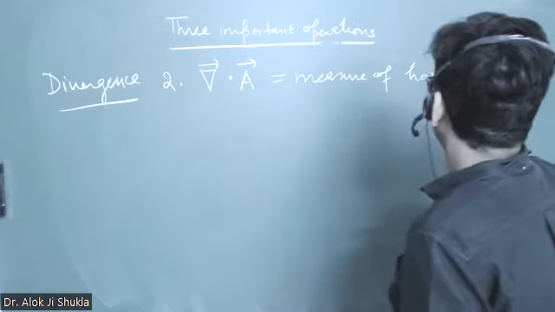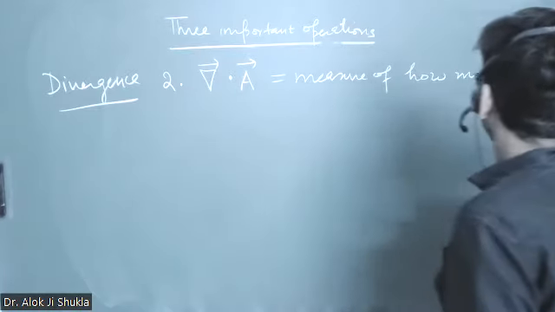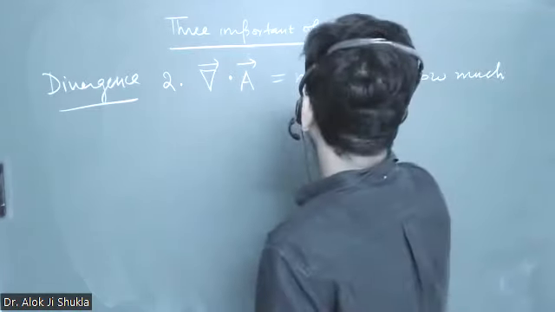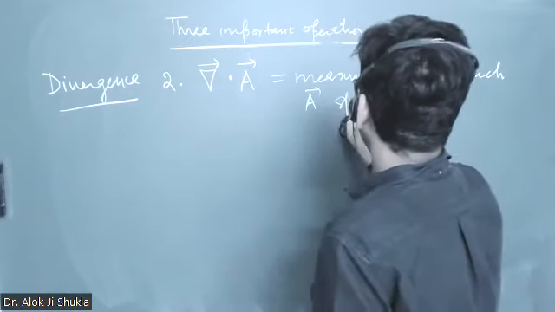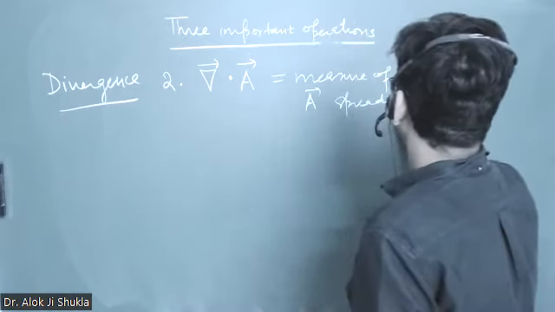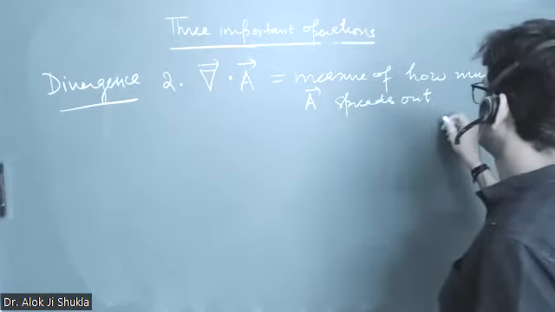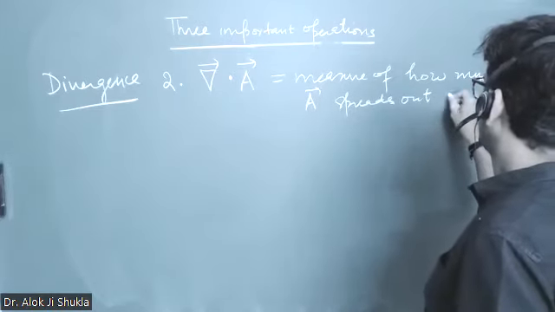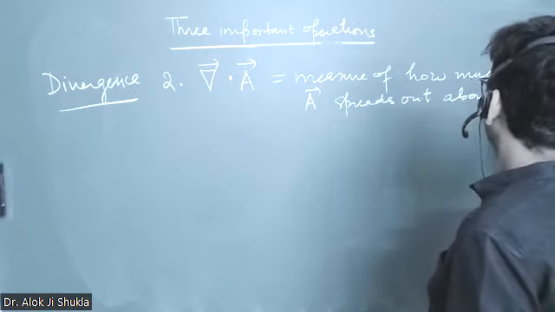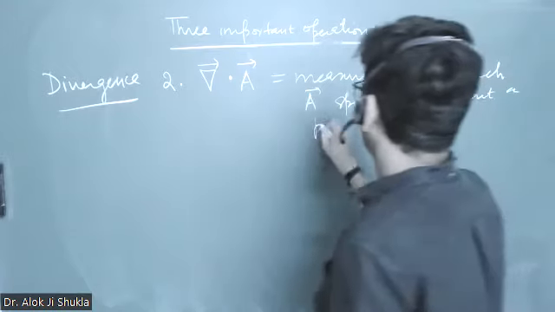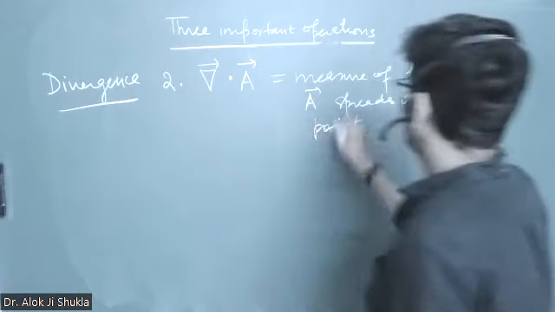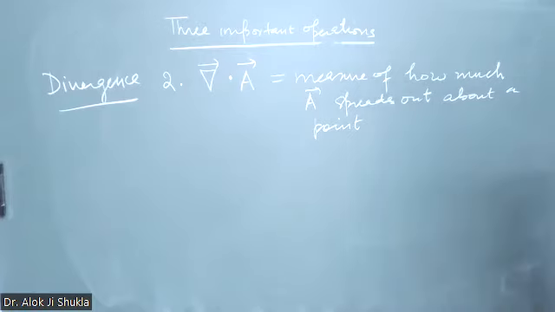So divergence of A is a measure of how much a vector, because it is a vector quantity, spreads out about a point.